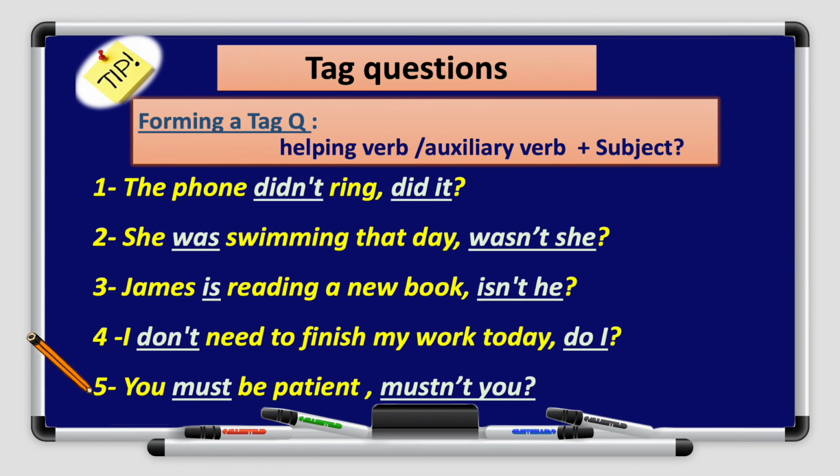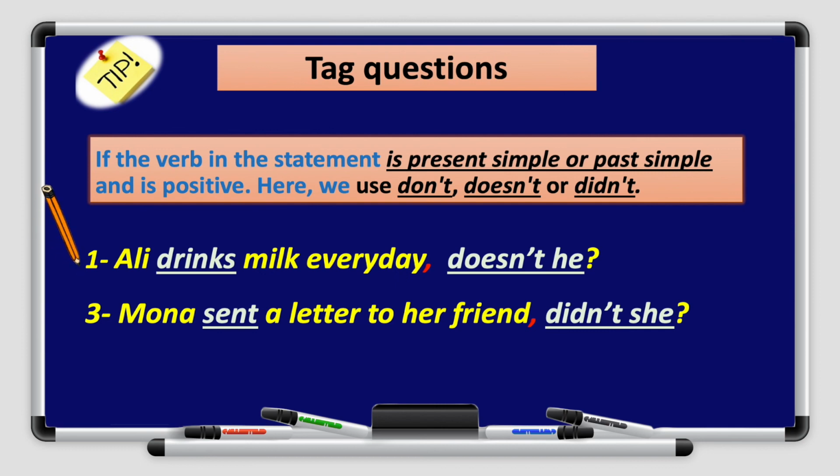Here you need to concentrate on the helping verb or the auxiliary verb. If it is in the positive, you will convert it into negative. And if it is negative, you will convert it into positive. Ali drinks milk every day. Mona sent a letter to her friend.